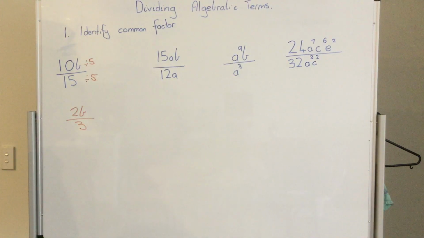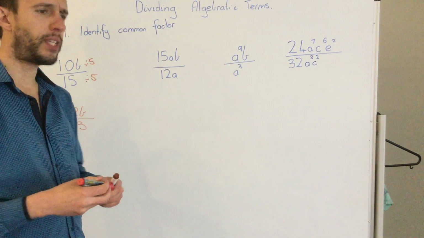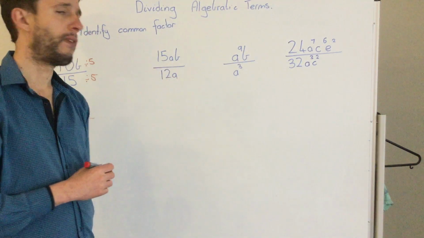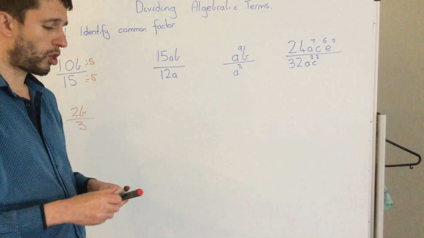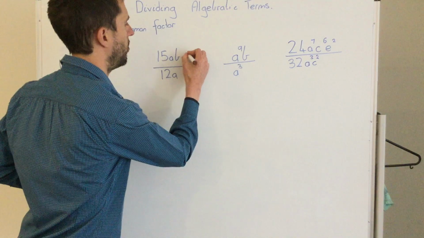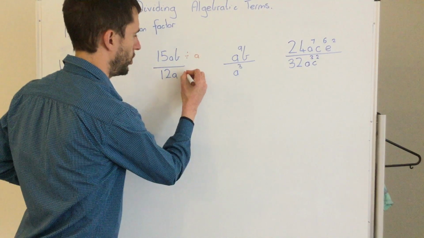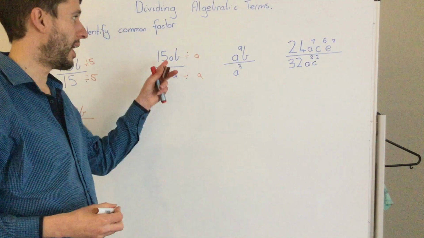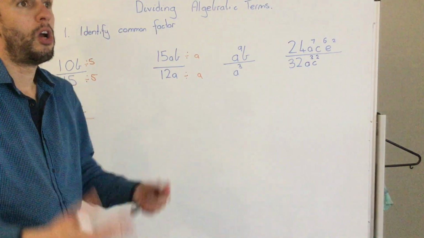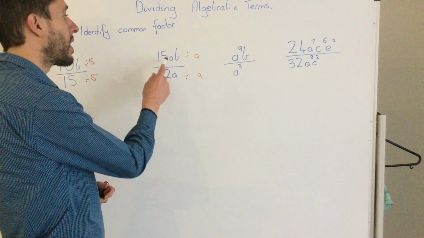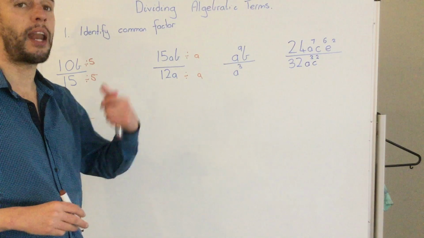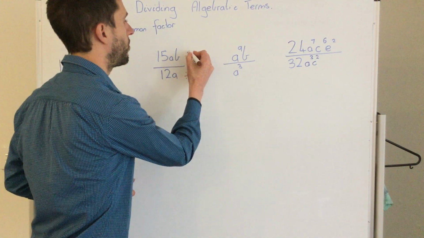Let's have a look over here. 15ab divided by 12a. Well, I know a is common, so I can definitely divide by that, because if I'm timesing by a then dividing by a down the bottom, it doesn't make sense. So this is where we'll be cancelling that out. What is common about 15 and 12? 3 goes into 15 and 3 goes into 12.